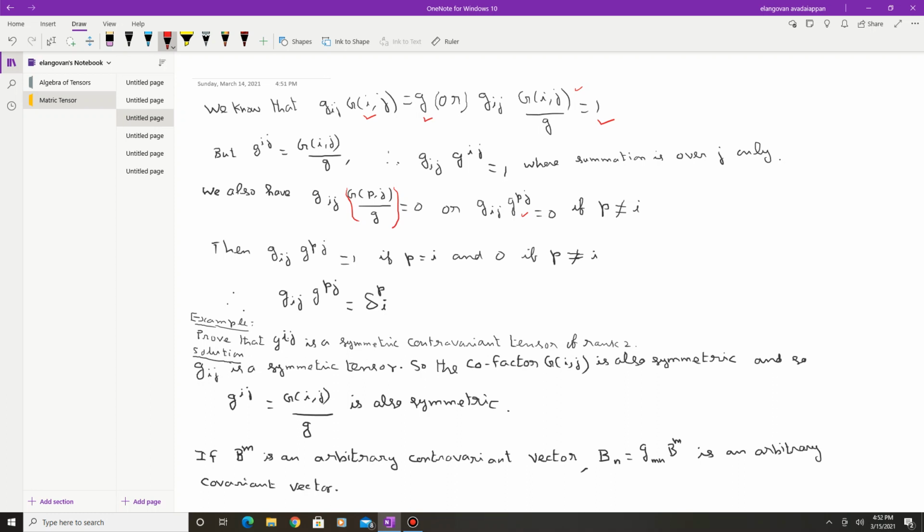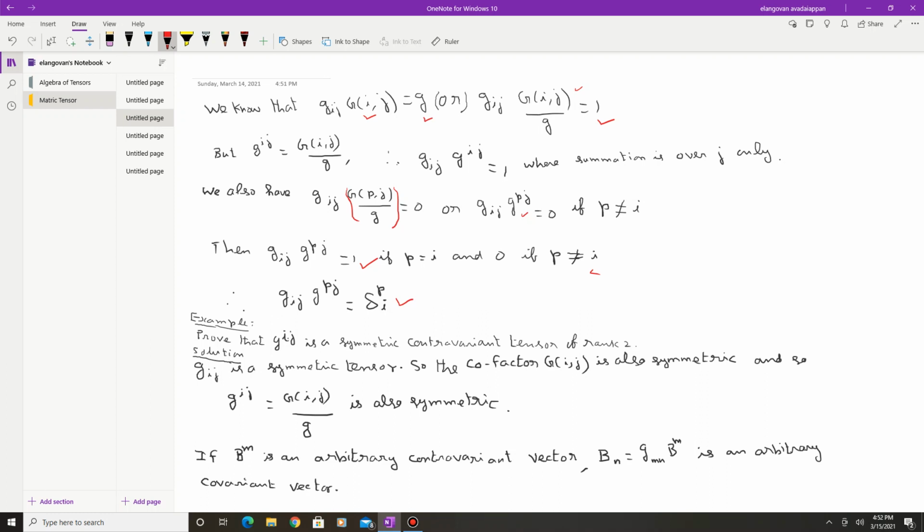So g_ij into g^pj is equal to 0 if p is different from i. If p is equal to i, this is equal to 1. If p is not equal to i, again this is 0. So in general, this is the Kronecker delta, delta p i.